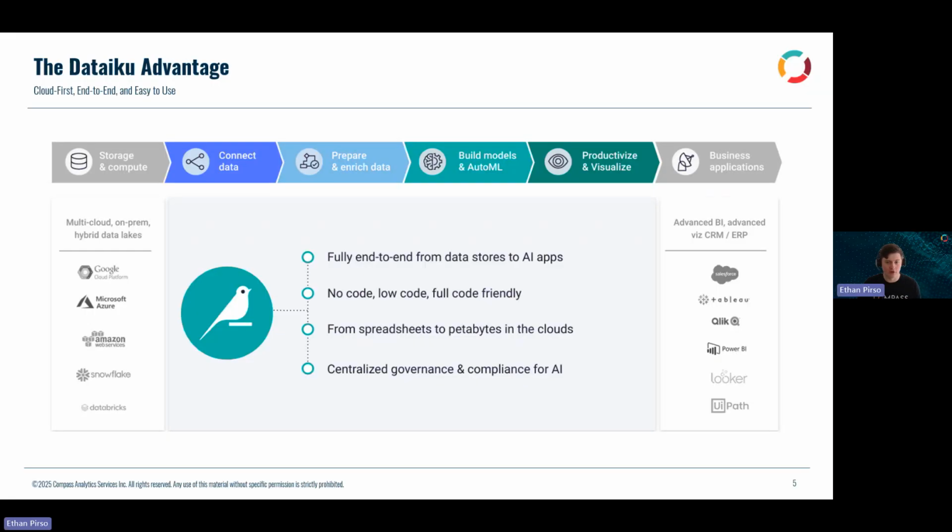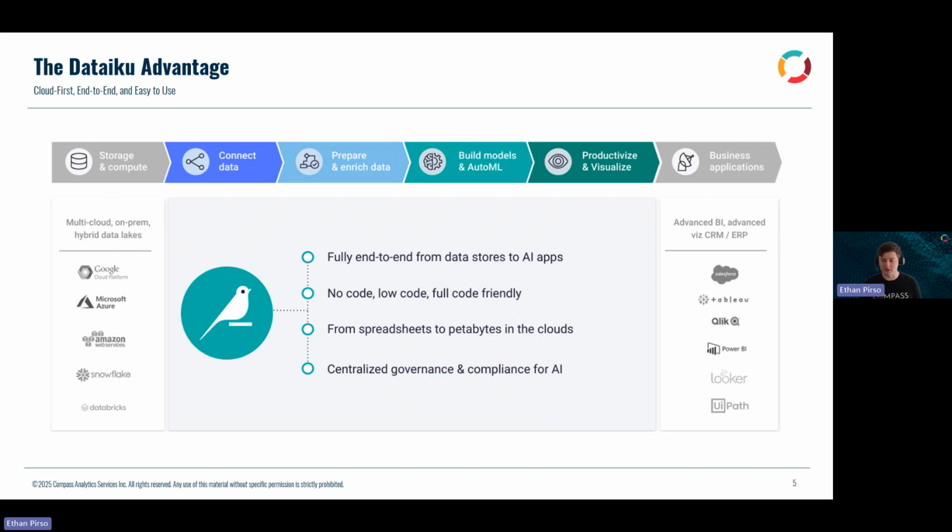So to kick things off, why should you use Dataiku and where does Dataiku really sit within your enterprise? Well, it's really the best AI and ML engine that gets you from your silver layer data to your gold. And this, of course, comes after you've built your data engineering pipelines from bronze to silver. Dataiku comes in, makes it really easy to connect all of that data.